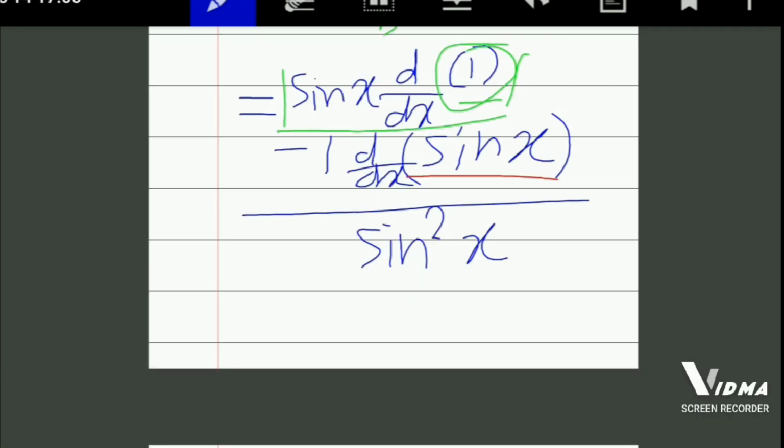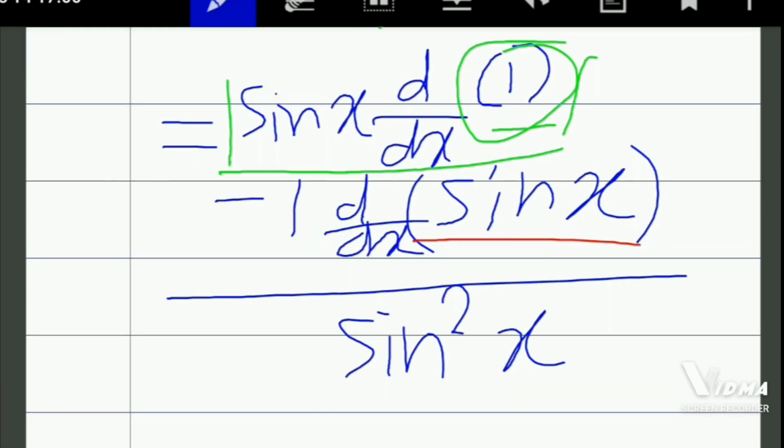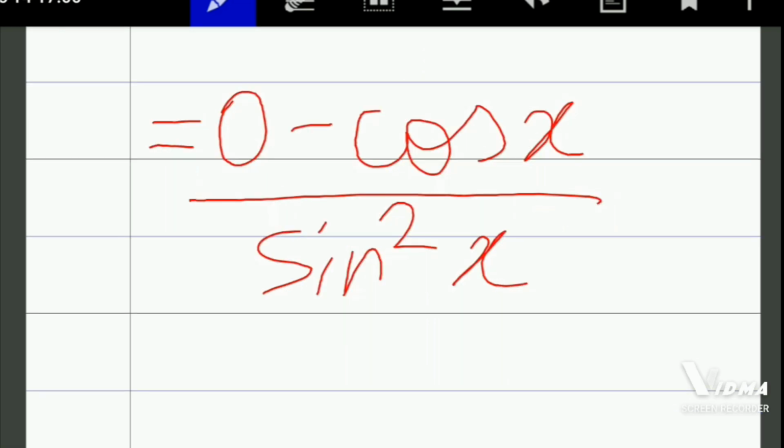Therefore the answer would be 0 minus cos x by sin square x. So the final answer would be this.